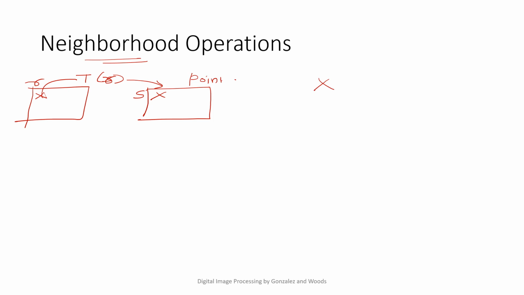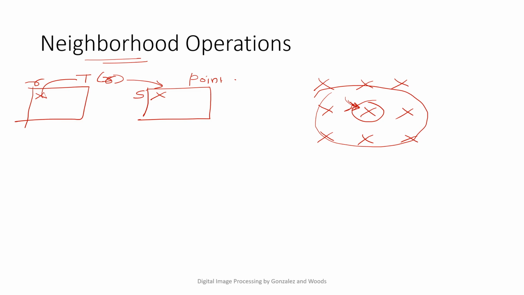While learning connectivity of pixels, we said that each and every pixel has how many neighbors? 8 neighbors. So in neighborhood operations, we are going to calculate the value of a particular pixel based on the values of its neighborhood. We consider all 8 neighbors to find this value.